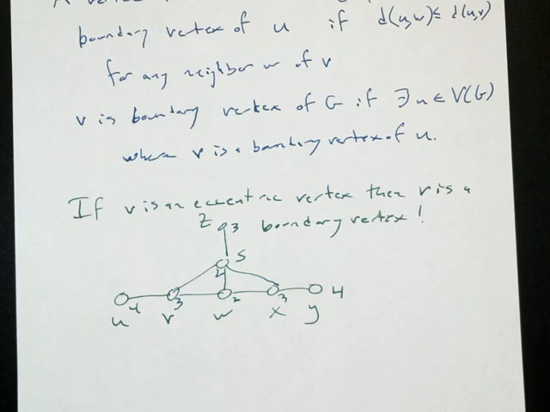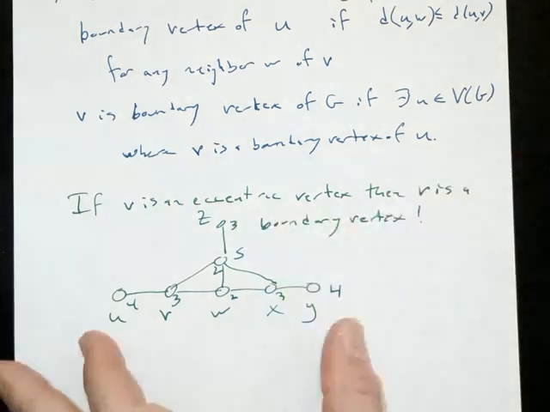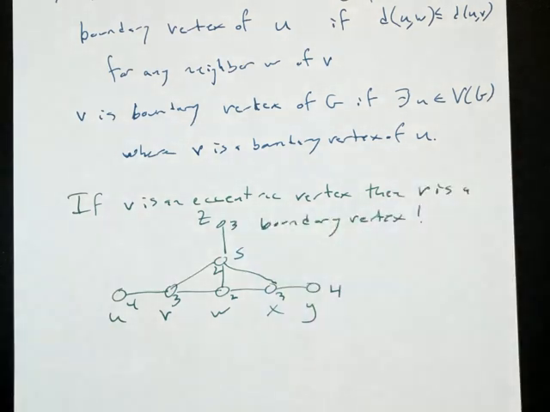Peripheral, eccentric. W is a boundary vertex for S. I beg your pardon?